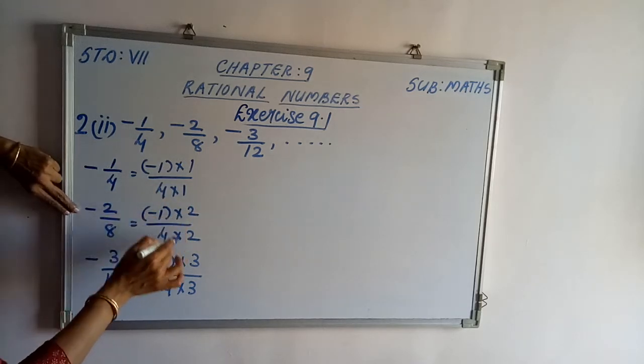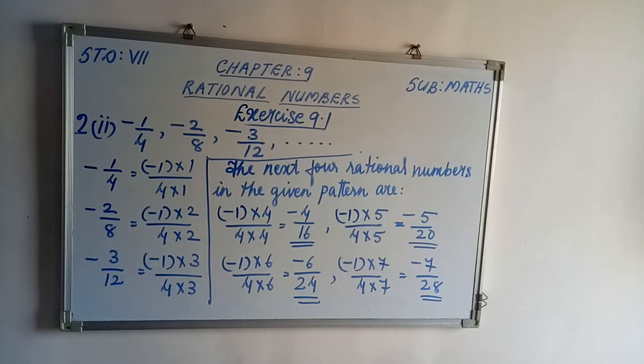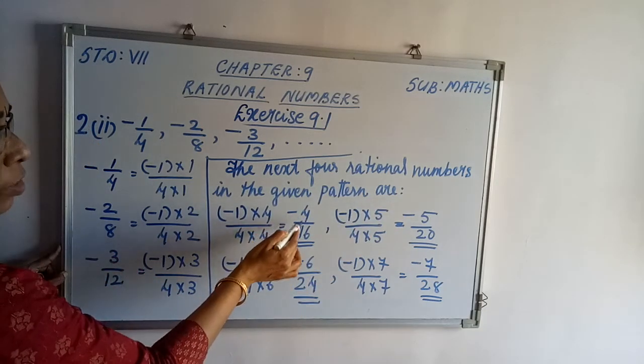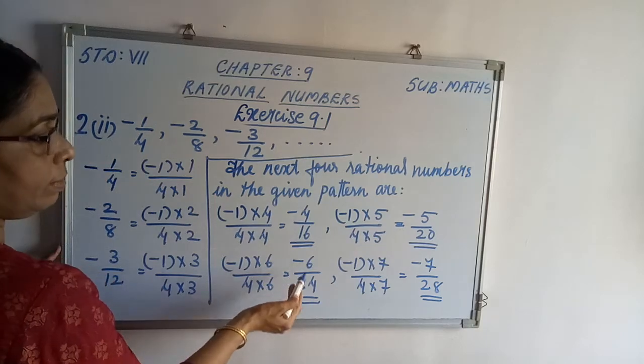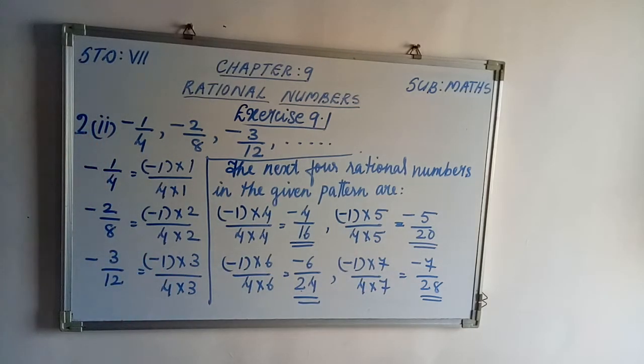Here by multiplying by 2 and here by multiplying by 3. Now next, by multiplying by 4, then 5, then 6 and 7, we get the next 4 rational numbers in the given pattern. So the next 4 rational numbers in the given pattern are minus 4 upon 16, minus 5 upon 20, minus 6 upon 24 and minus 7 upon 28. Is that clear?